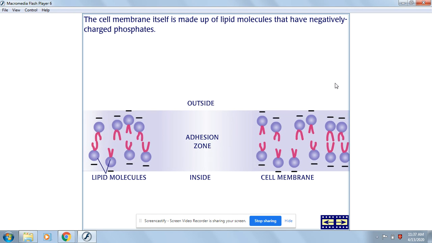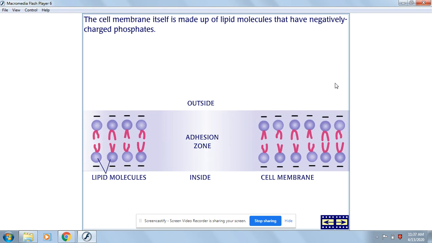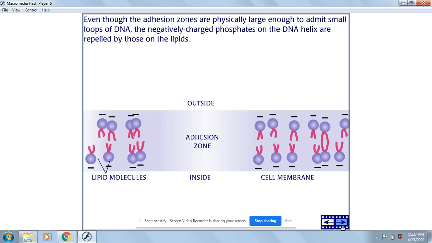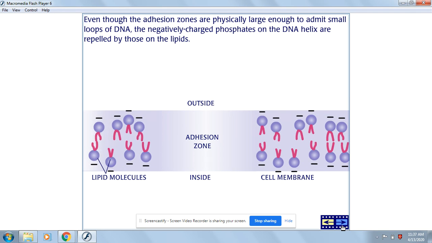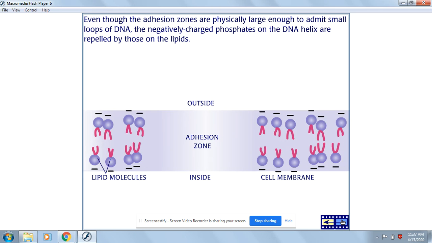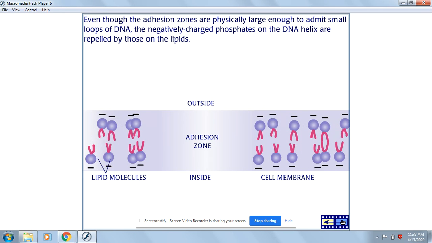These negatively charged phosphate molecules make it difficult for the DNA molecule to enter the cells. So, in order to ease those steps, there are some specific processes. You can see that these adhesion zones are physically open enough, but by virtue of the negatively charged phosphate molecules, they repel DNA molecules from entering the bacterial cells.